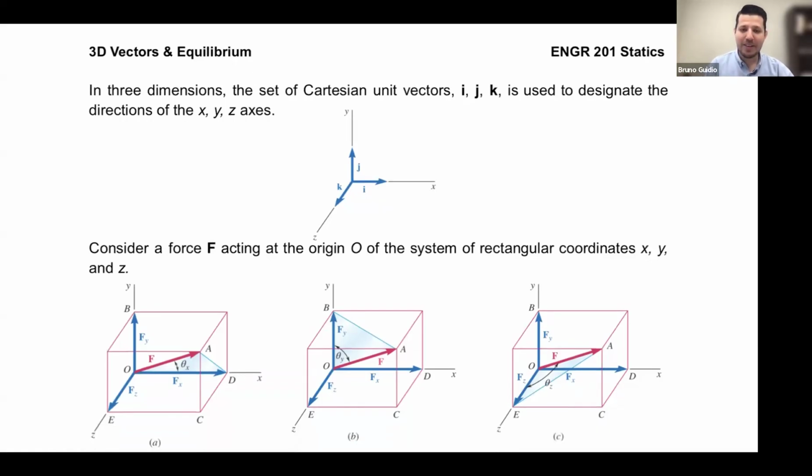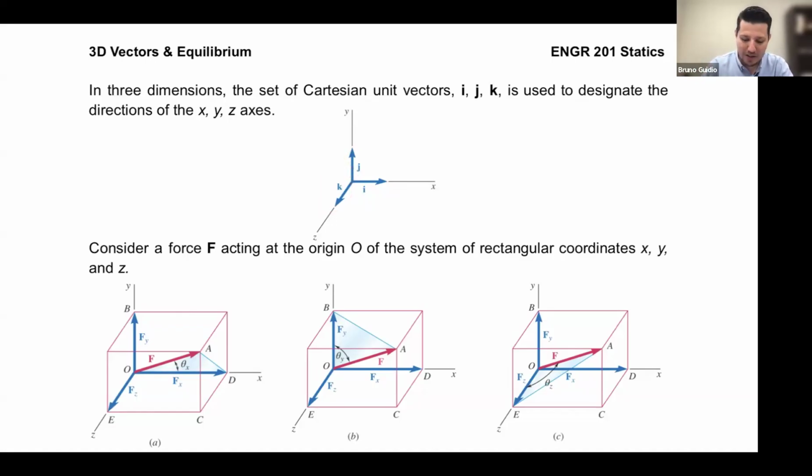In 3D, as we know, we have unit vectors i hat, j hat, but also k hat, okay? And it's used to give the direction of x, y, and z, okay? So far we have been working with what? i and j. But now, introducing the z-axis, we have k.